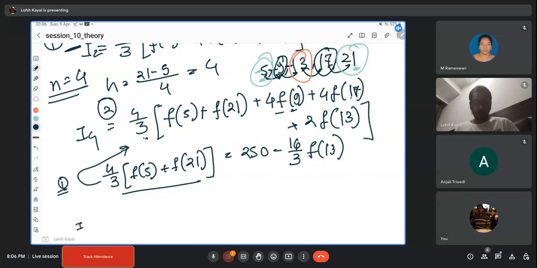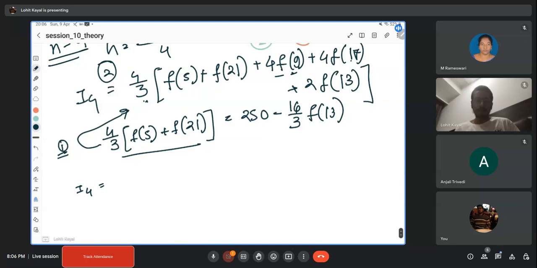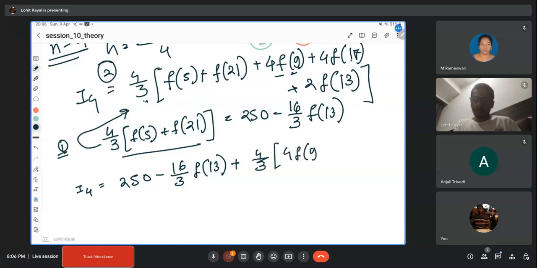So what will be I4? I4 will be equal to 250 minus 16/3 f13 plus 4/3 f9 plus f17 plus 2 f13.